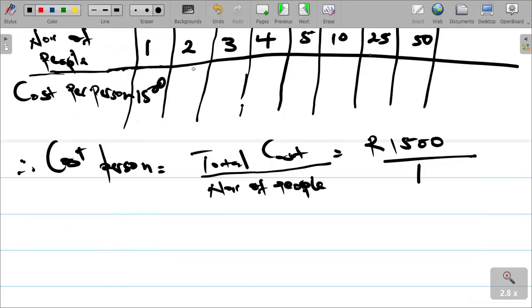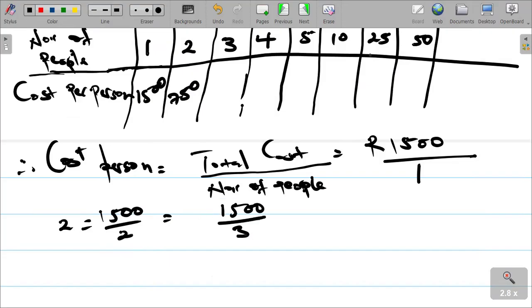If there are 2 people, we divide by 2. 1,500 over 2, how much do we get? 750. And then for 3 people, we divide again. 1,500 divided by 3, we get 500.